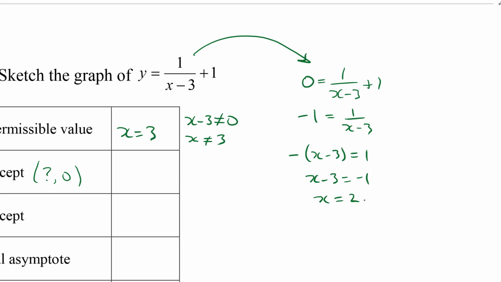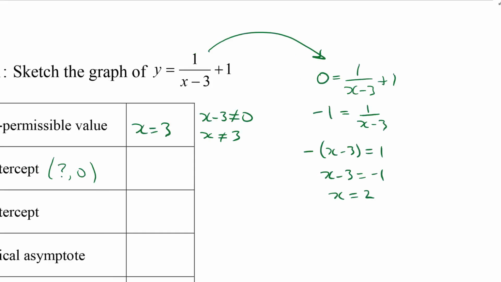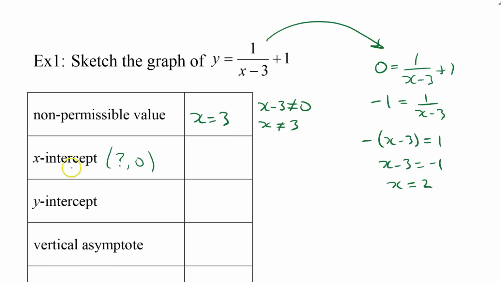So where will it cross the x-axis? What is the x-intercept? x equals 2. In other words, it'll cross at (2, 0). So we have one of our points. What is the y-intercept? The y-intercept is when x is 0, what's the y value? So for this one, we plug in a 0 for x.